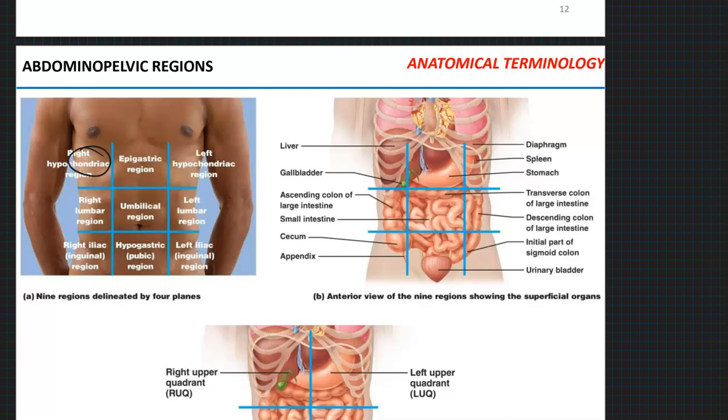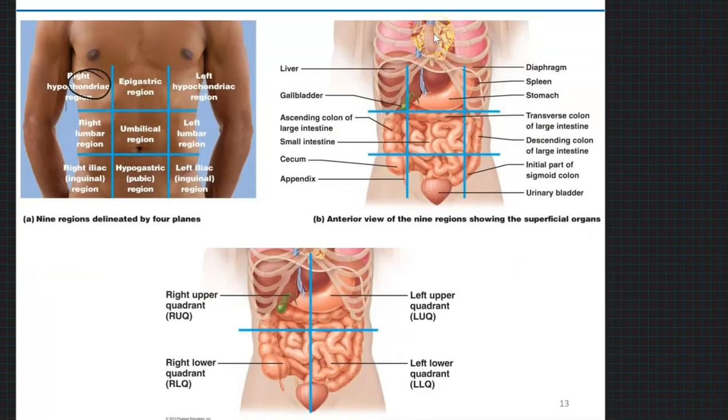Okay, this is where the pain is. So, regions, there are 9 of them. It kind of makes sense. Umbilicus is your belly button. So umbilical, epigastric, hypogastric. Stomach pain is around the umbilical region, so epigastric will be above, hypogastric below. Hypo is below, okay?